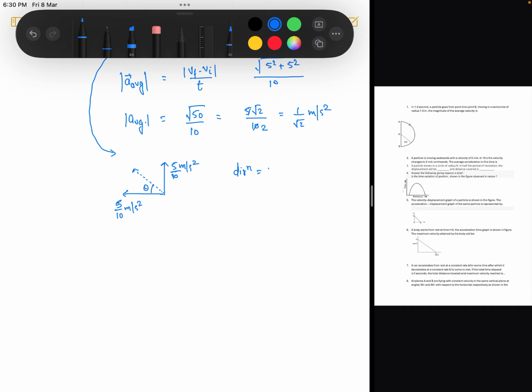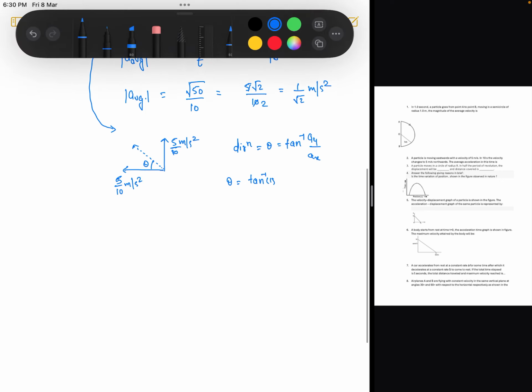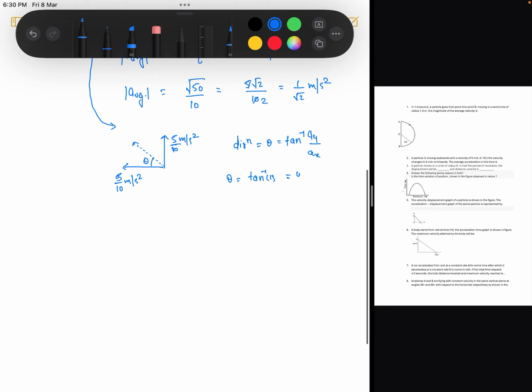That direction theta is equal to tan inverse of ay divided by ax. So this theta will be equal to tan inverse of, as ay is equal to ax, we can write it as tan inverse of 1, that will be equal to 45 degree.